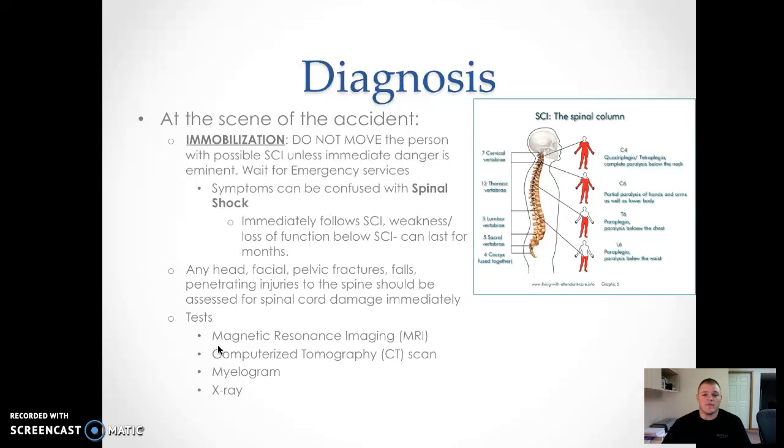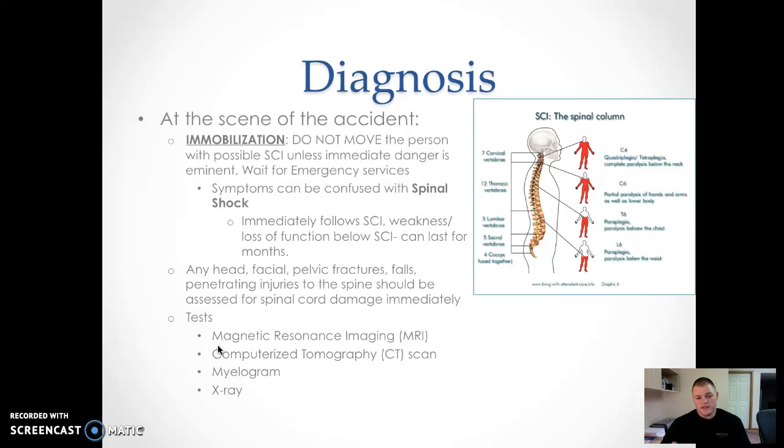For diagnosis at the scene of the incident, it's critical that we immobilize the person. You can't move them unless there's danger around them, and wait for emergency services. Their symptoms can be confused with spinal shock, which happens after most spinal cord injuries, which is associated with a weakness or loss of function below where the injury took place.